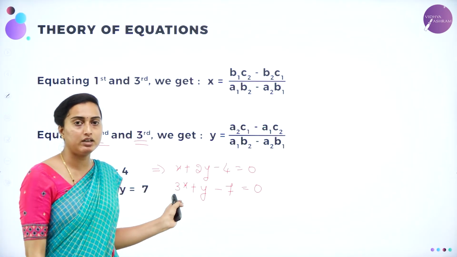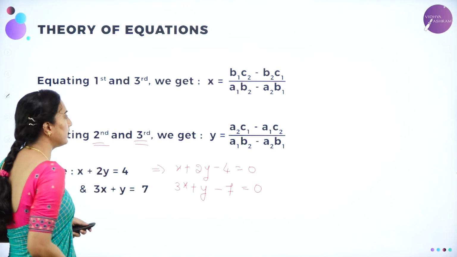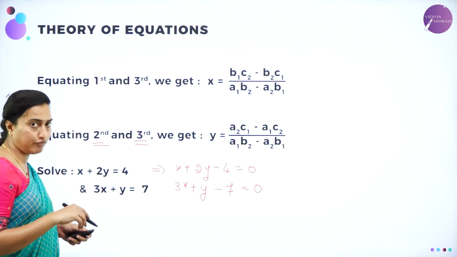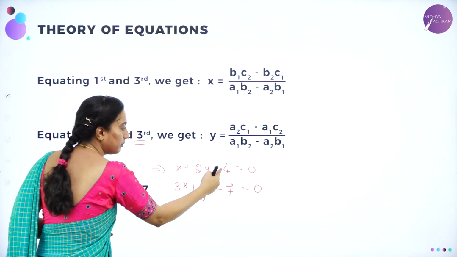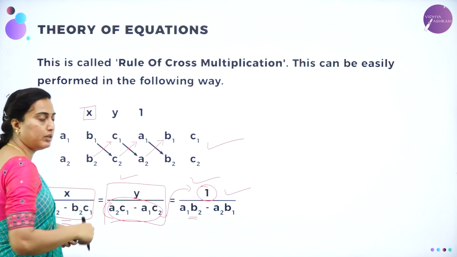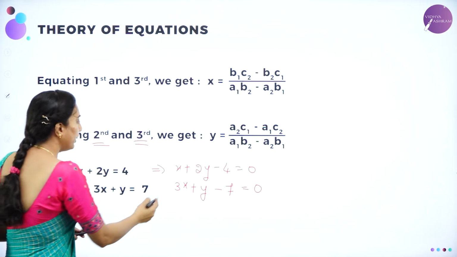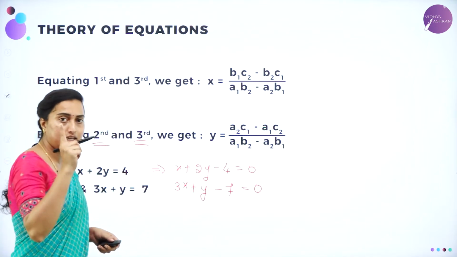The degree should be equal, and then only we can solve this. Writing the coefficients: here the coefficient of x is 1, of y is 2, and the constant term is minus 4, that is a1, b1, c1. Similarly here, the coefficient of x is 3, of y is 1, and the constant term is minus 7.